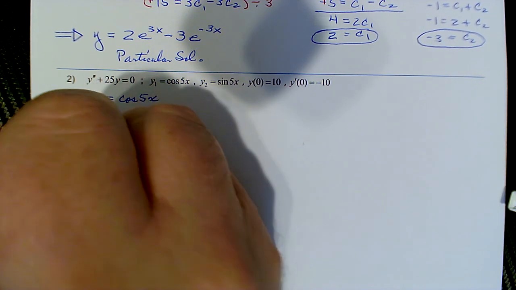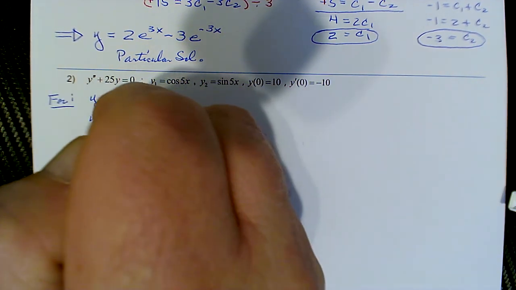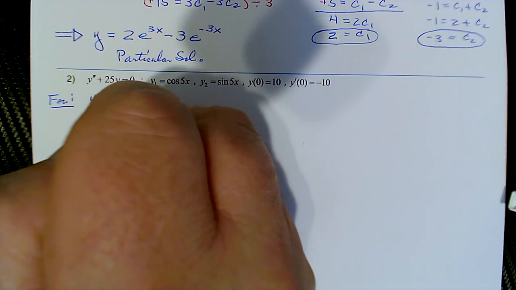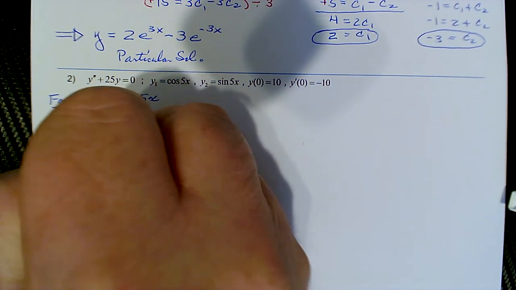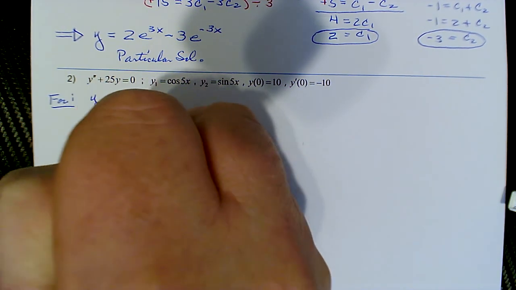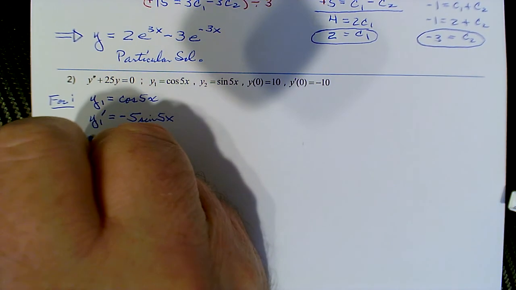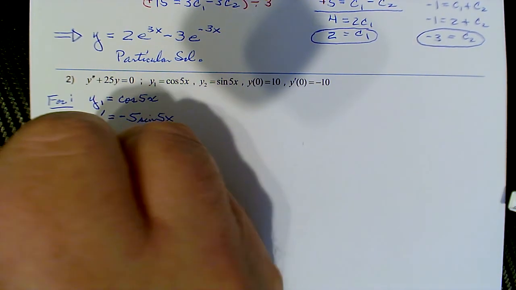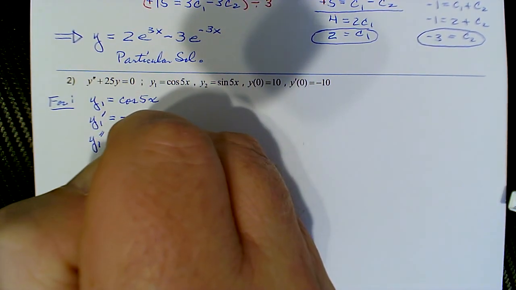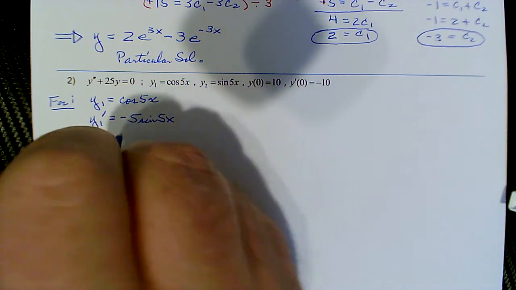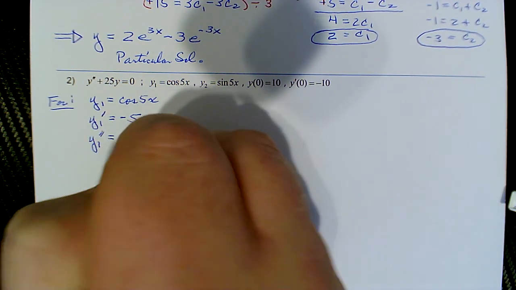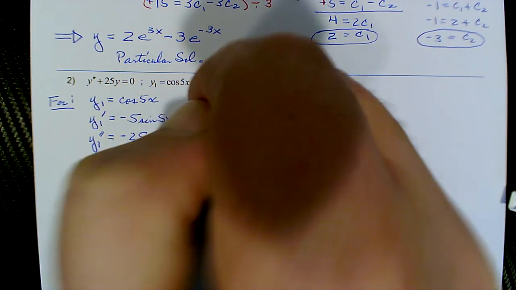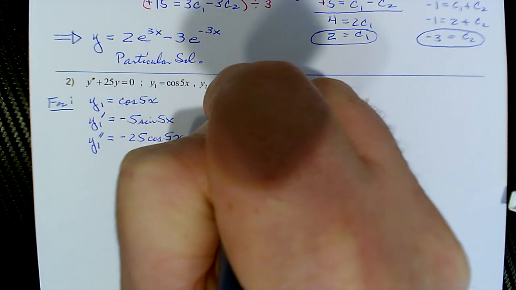So y1 prime would be derivative of cosine, minus sine, same argument 5x, derivative of the argument 5, so minus 5 sine of 5x. Second derivative, sine goes to positive cosine, another factor of 5 makes it negative 25 cosine of 5x.